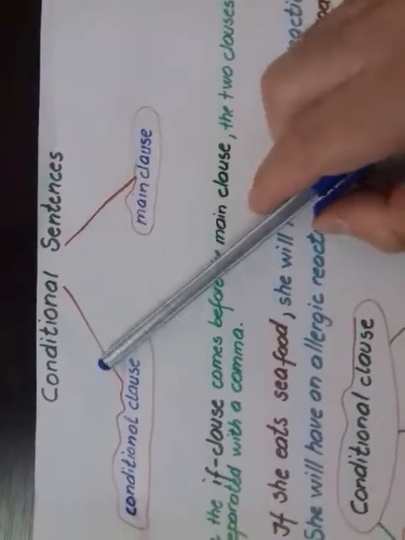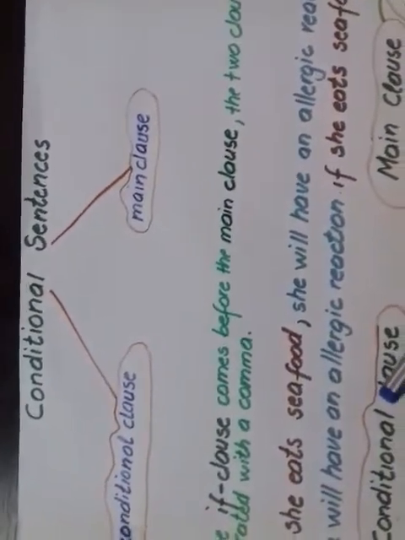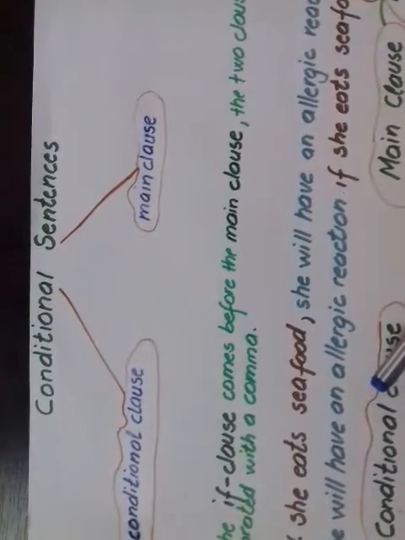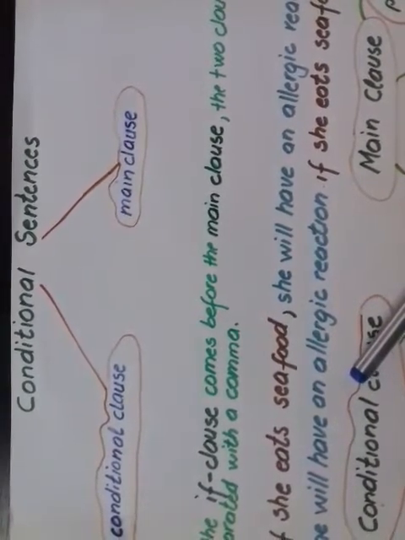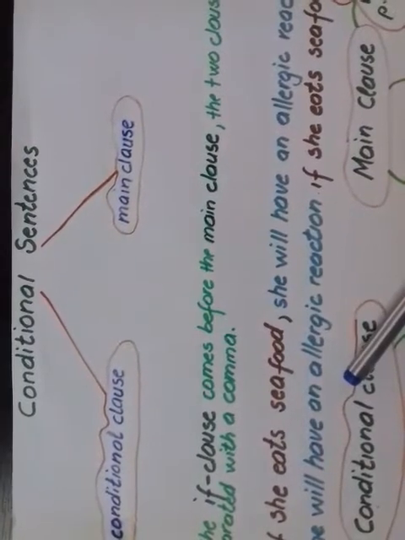First of all, I'd like to give you some basic information related to conditional sentences. So you should know that there are four types of conditional sentences: type 0, type 1, type 2, and type 3.